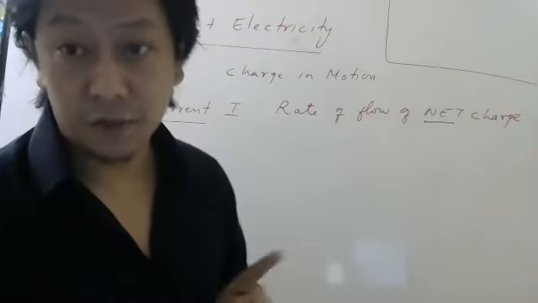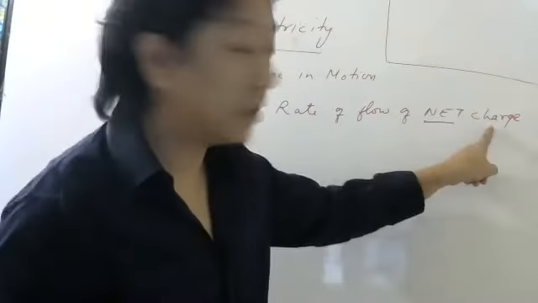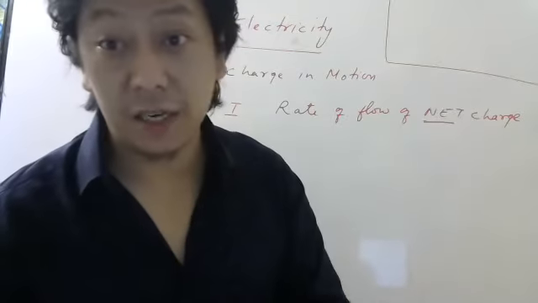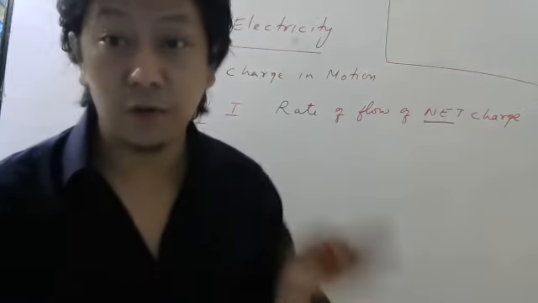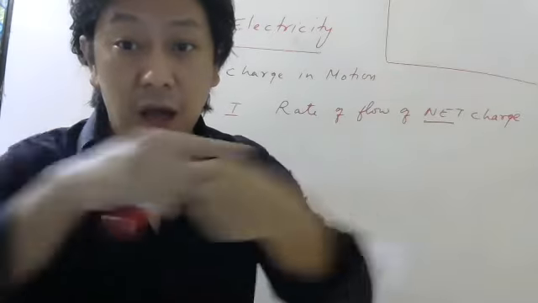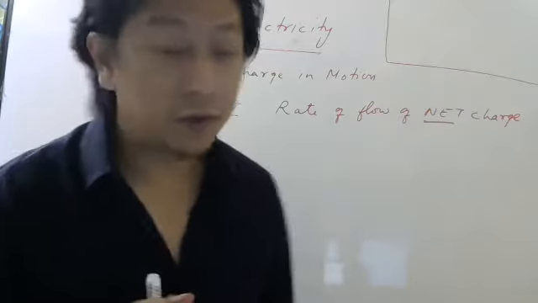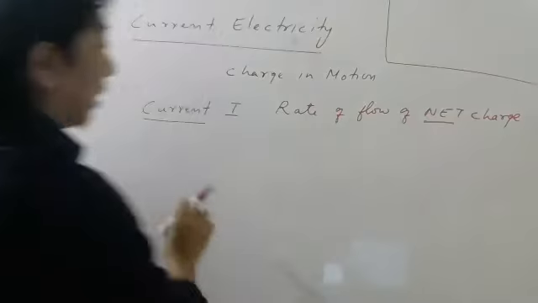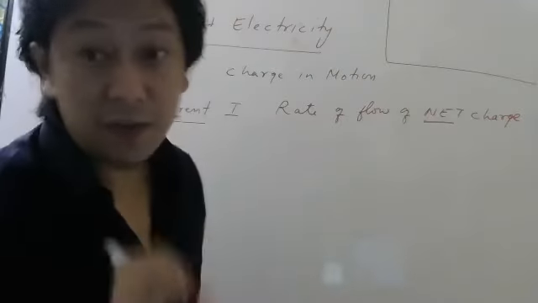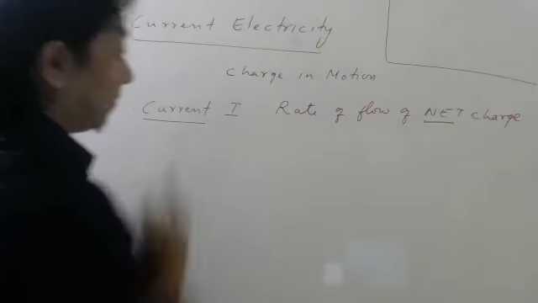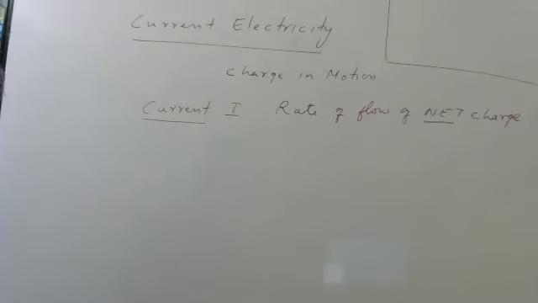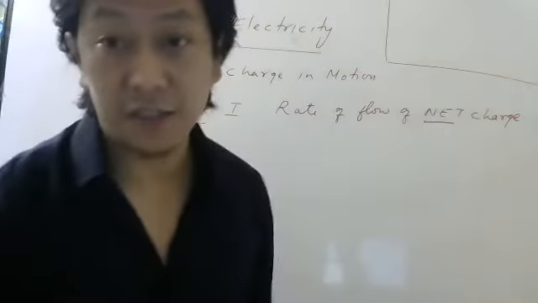Since charge can be positive or negative, current can also be positive or negative depending on in what direction the charges are moving. So be careful about that. We have to calculate how much net charge flows and then divide by time. Why divide by time? Because it is rate. So that is the definition of current, rate of flow of net charge.